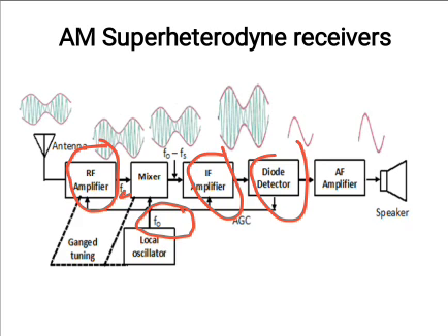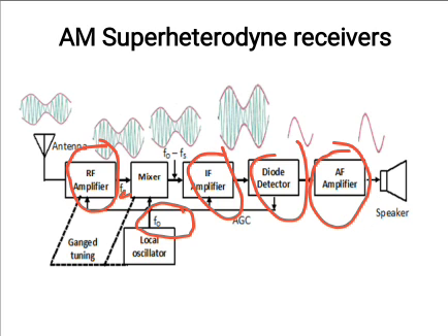The detector stage eliminates one of the sidebands which is still present and separates the radio frequency from the audio component of the other sidebands. The radio frequency component is filtered out and audio is supplied to the audio stage for amplification.